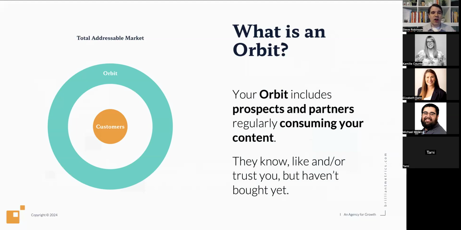The orbit includes all of your prospects and your partners, your relationships that have not yet become customers or moved into the pipeline. Now, these relationships are people who are on their way to knowing and liking and trusting you, or maybe they're already there, but they haven't had a good reason to act.